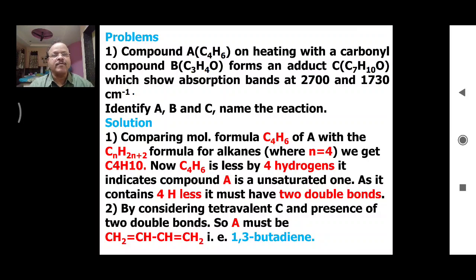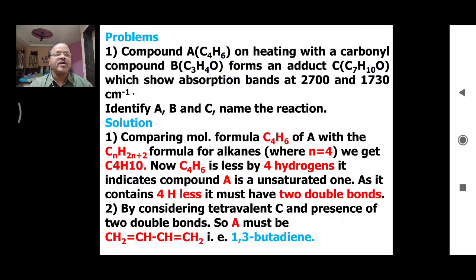So in this problem, compound A has molecular formula C4H6, and compound B has molecular formula C3H4O. Compound A is heated with a carbonyl compound B, and this gives a compound C having molecular formula C7H10O.